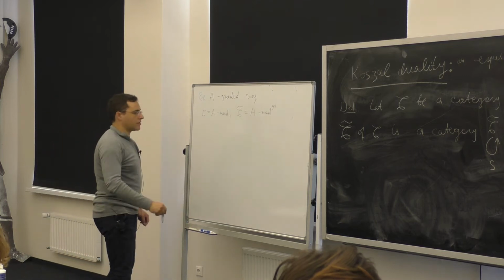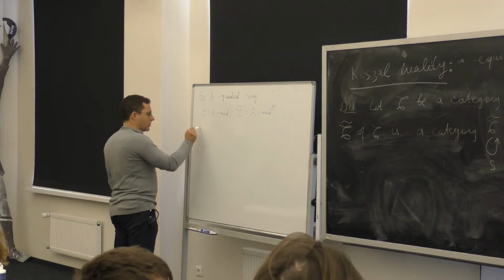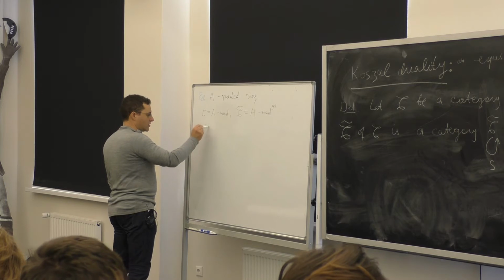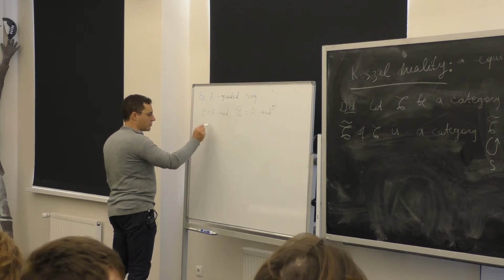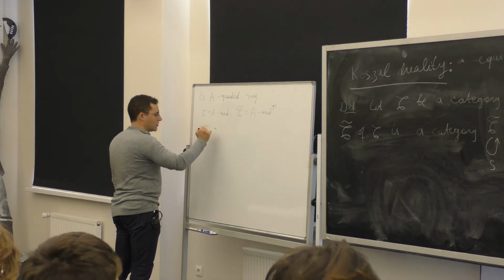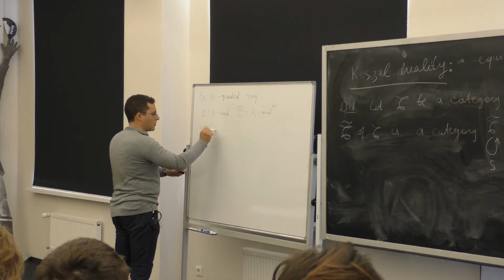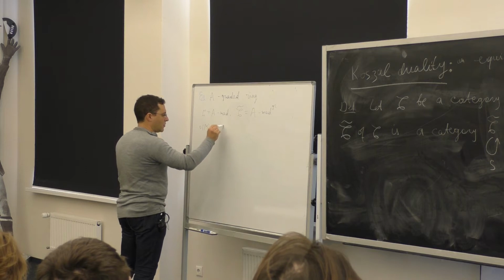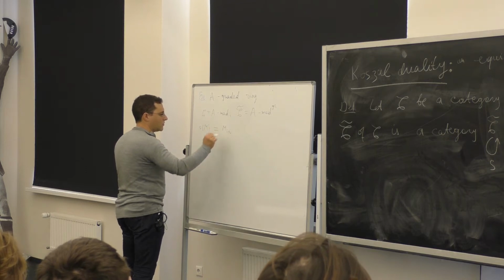And the functor just forgets the grading, and of course, as you can guess, S of M is a shift of grading. So S of M in degree i is M in degree i plus 1, something like this.